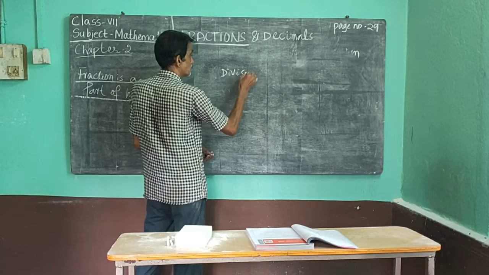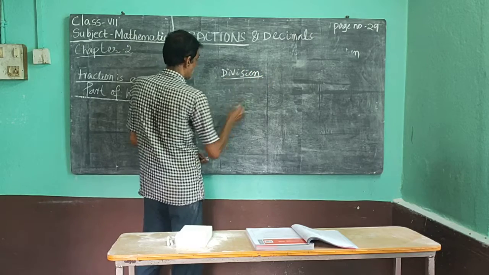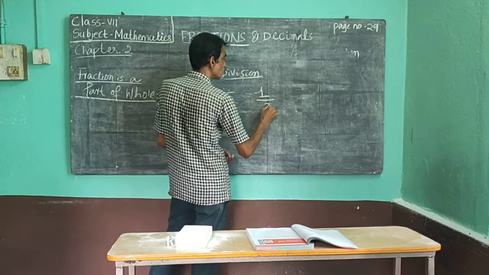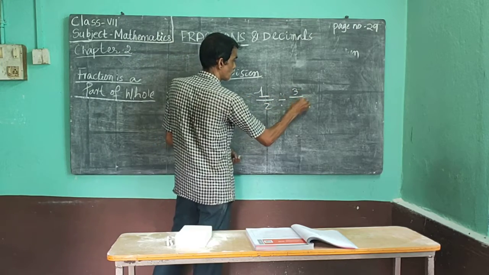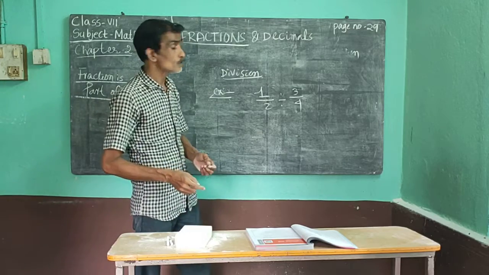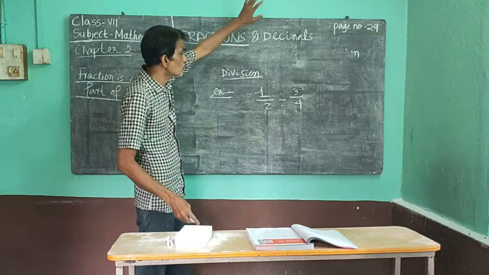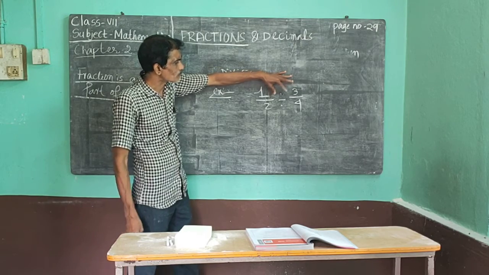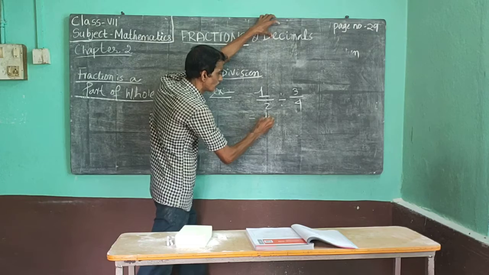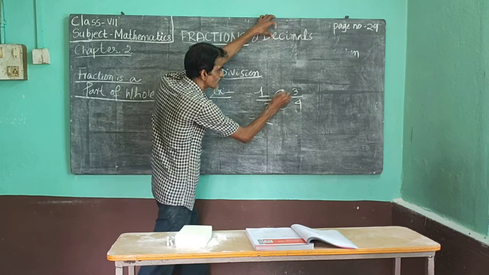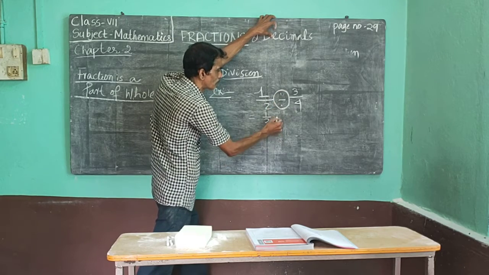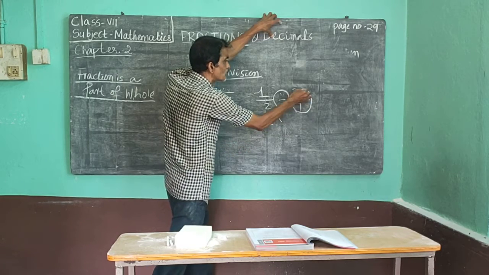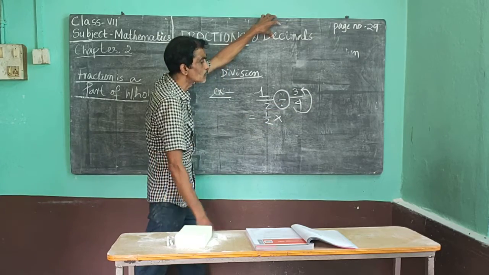Division. Example. How to divide two fractions? 1 upon 2 divided by 3 upon 4. So in division, just look carefully. So what should we do? Division is not there in fractions. We have to change our sign a little. Now see how I am doing. 1 upon 2. I changed this mathematical operation, division, into multiplication. And the second fraction will be reciprocated, means flipped.